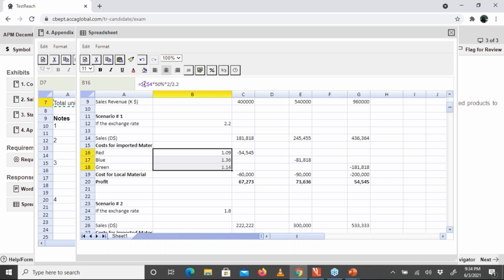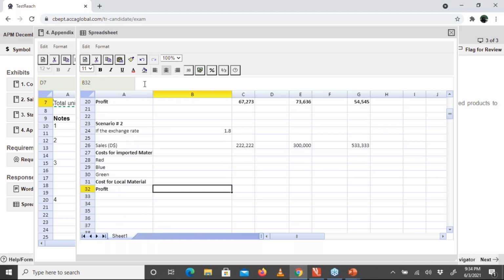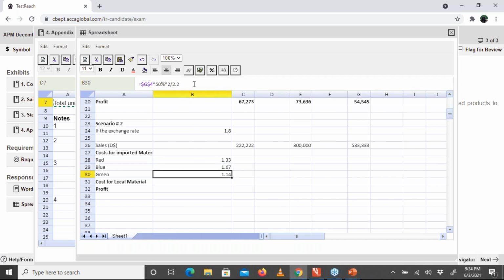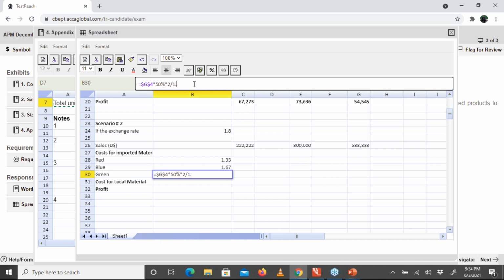I'm copying these three formulas, and you will see that my answer remains the same here. Now I'm going to change this formula: it was 2, now it will become 1.8.